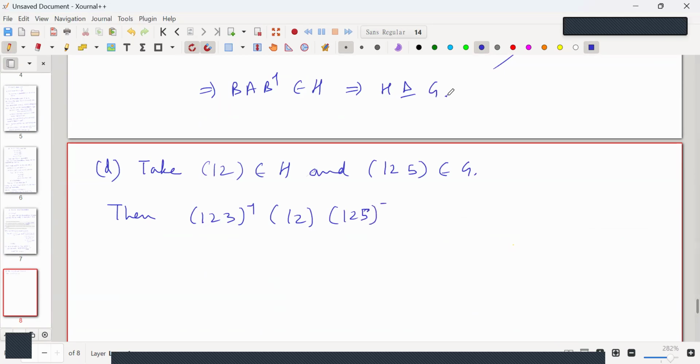I should write it in the inverse notation, no? So here it should be 5. (1 2 5)(1 2)(1 5 2), right? What will it be?